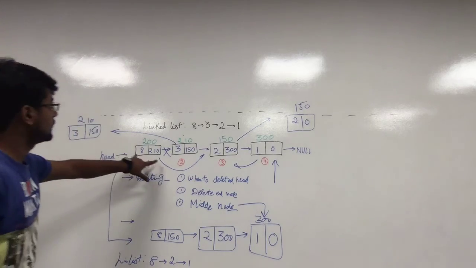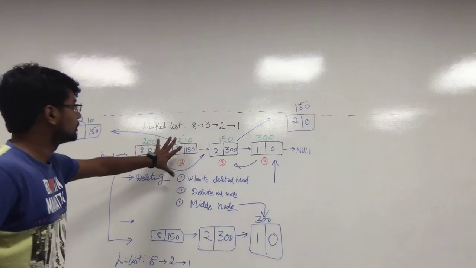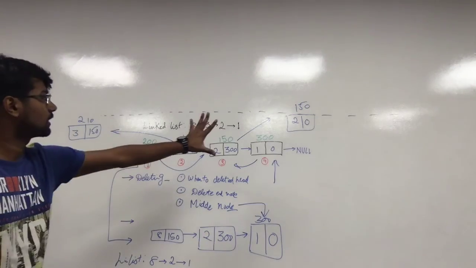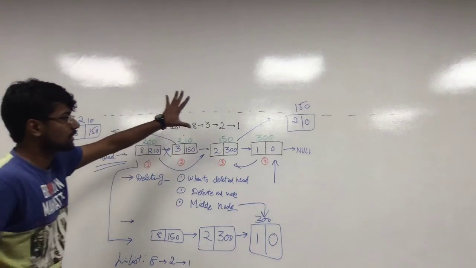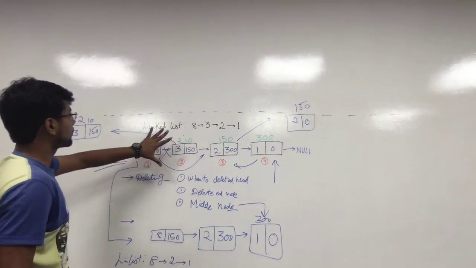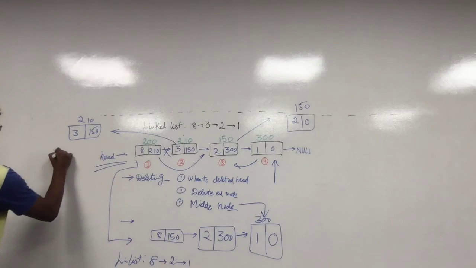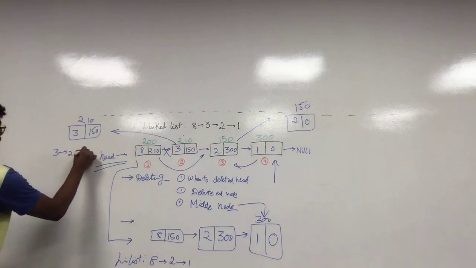So it will directly break this particular link. You just remove this node from the whole linked list. So if you find the output of this operation, your linked list will be something like 3, 2, and 1.